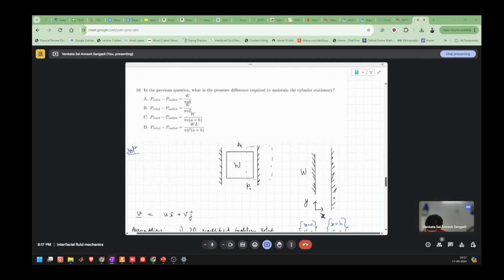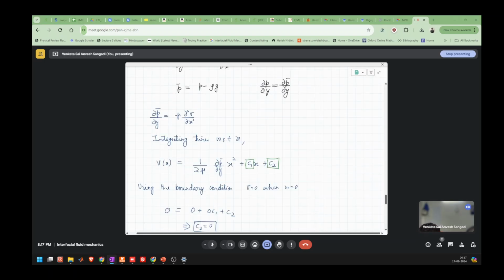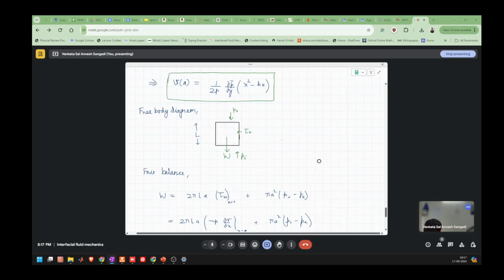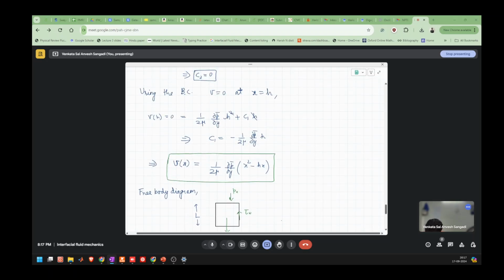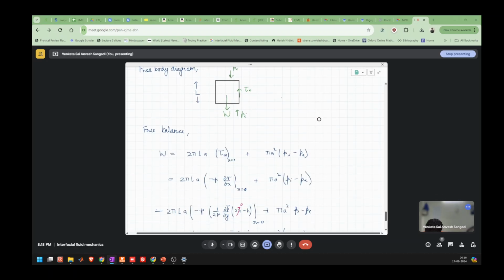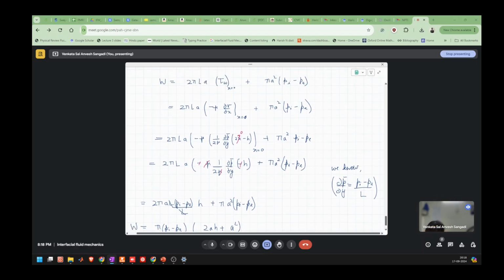Therefore, the solution to the second question is C. We have made a mistake. We missed cancelling out this 2.